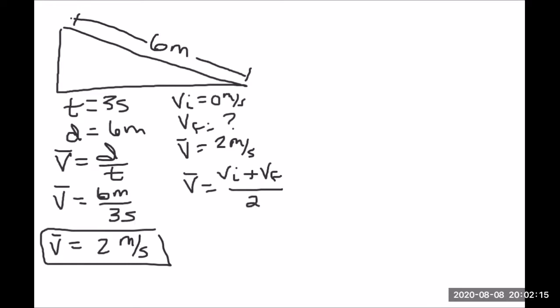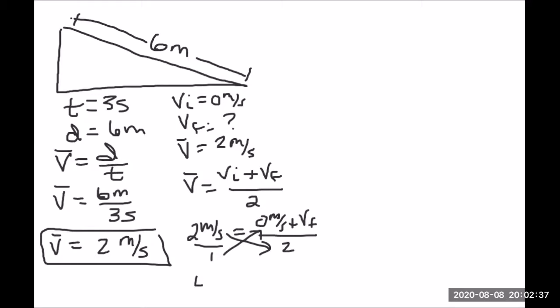Now, our average was 2 meters per second. That equals 0. 0 is real easy to add and subtract from. Okay, so 0 meters per second plus our final divided by 2. In these situations, I like to make fractions on both sides and cross multiply.